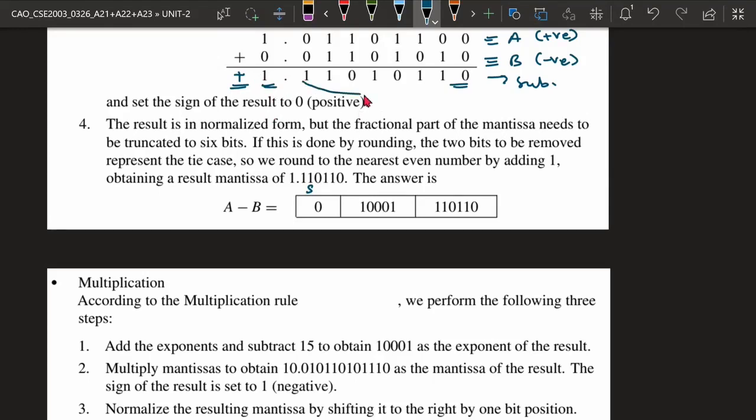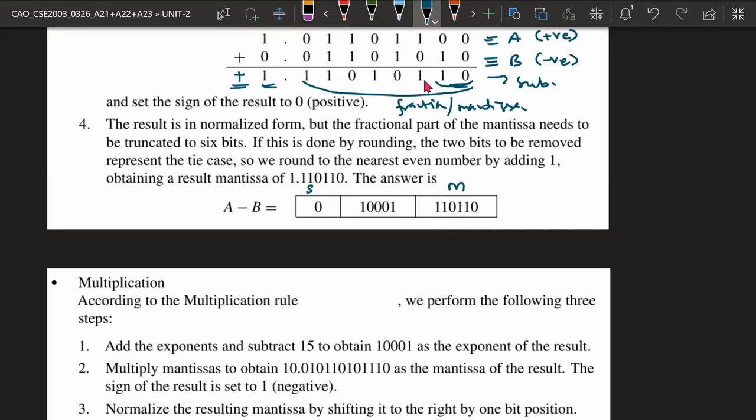Then this will be the mantissa, basically the fraction. Here the mantissa can only accommodate 6 bits, so we consider 1, 2, 3, 4, 5, 6. So these 2 bits are extra, which means we need to do the rounding.